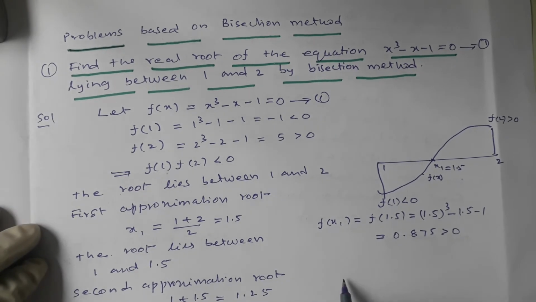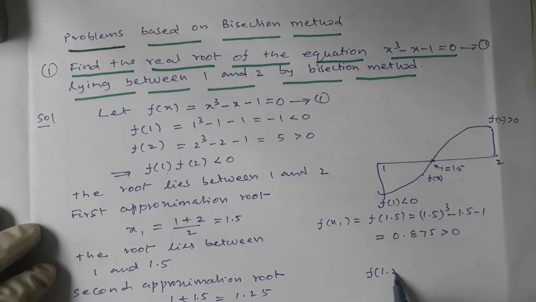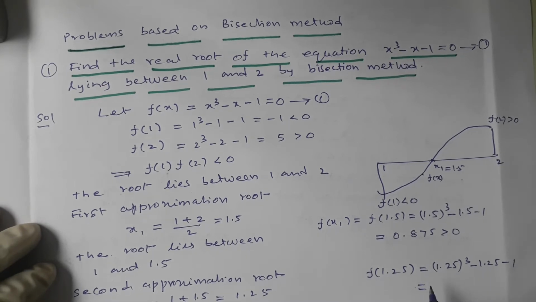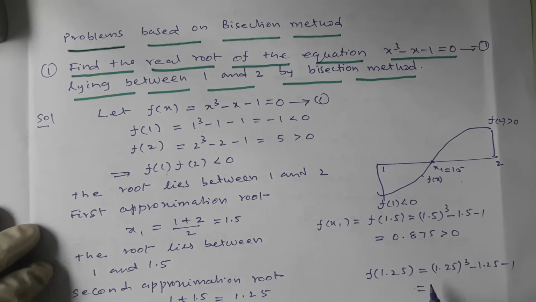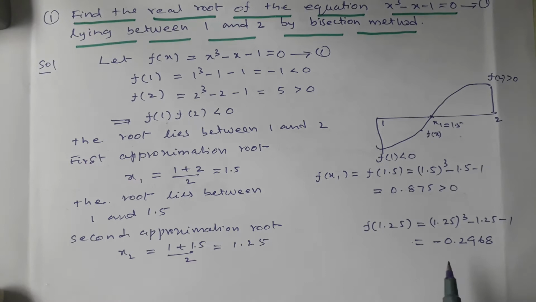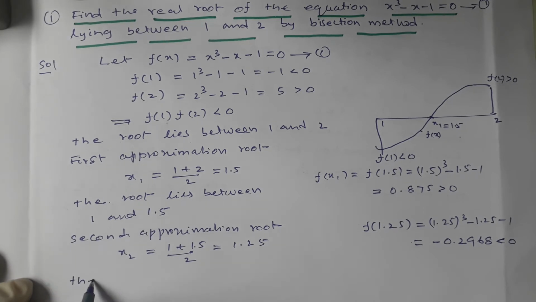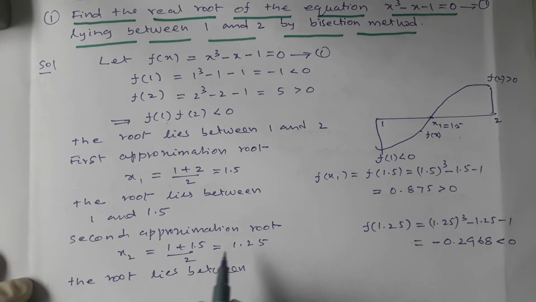Substitute 1.25 in the given function. f of 1.25 is equal to 1.25 whole cube minus 1.25 minus 1, and the simplification is minus 0.2968, which is less than 0. So the root lies on the right side: if the value at the middle is less than 0, the root is from that middle to the right side; if greater than 0, from that to the left side.